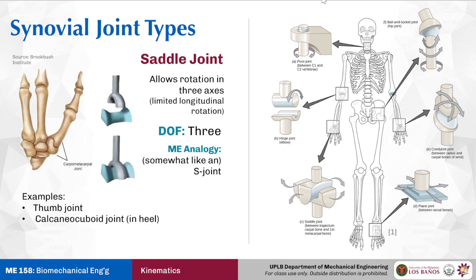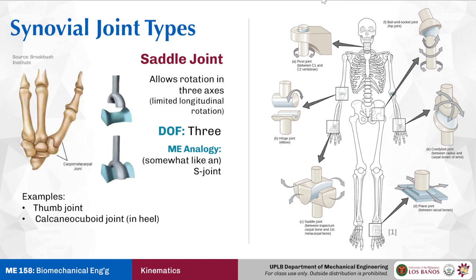If you connect them together, they can sort of bend. They can bend in one axis, two axes, and they can kind of pivot, but not a whole lot. So it's kind of like a limited spherical joint. The only limitation is the longitudinal rotation.